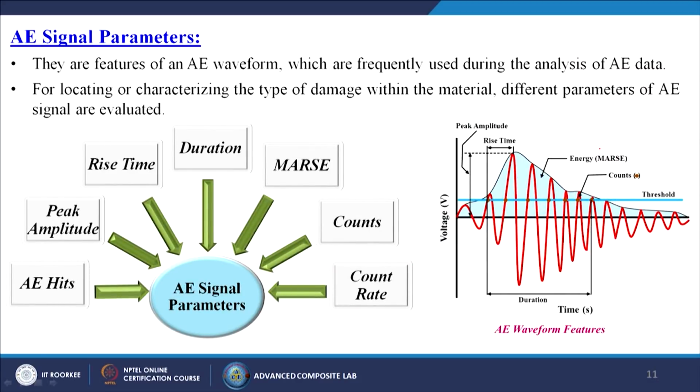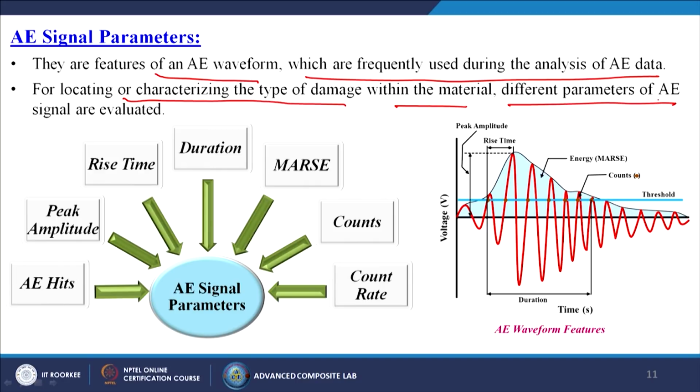Now, AE signal parameters are features of an AE waveform which are frequently used during the analysis of AE data. For locating or characterizing the types of damage within the material, different parameters of AE signals are evaluated, like AE hits, peak amplitude, rise time, duration, mass, counts and the count rate.